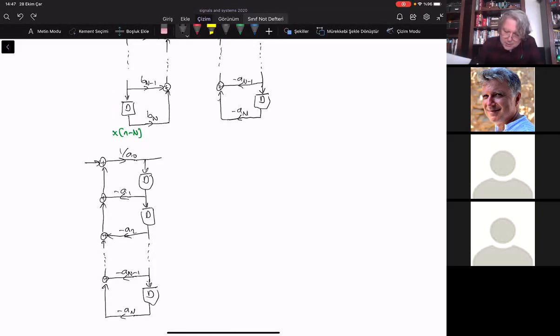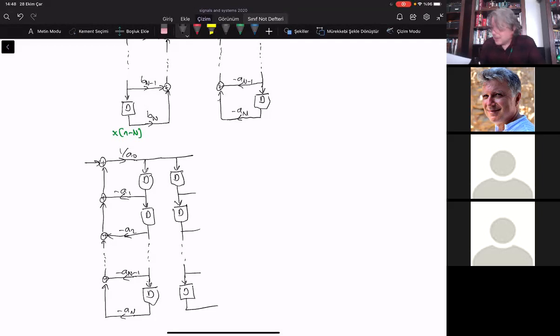Now, I will copy the left-hand side shape, in which the input is delayed, then delayed, then to the right and delayed, and to the right.